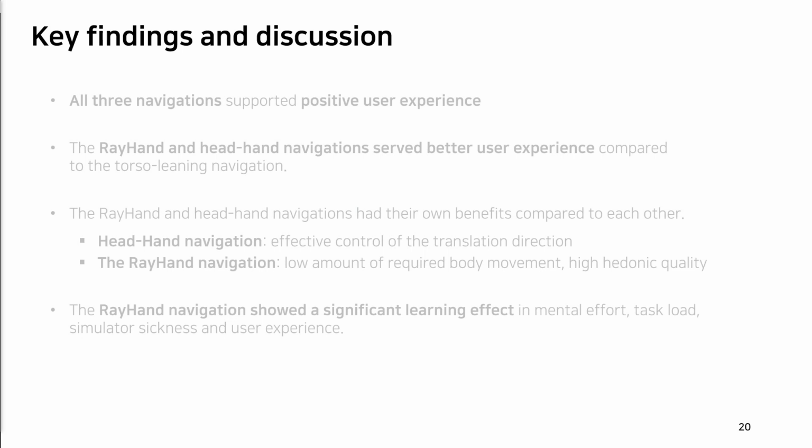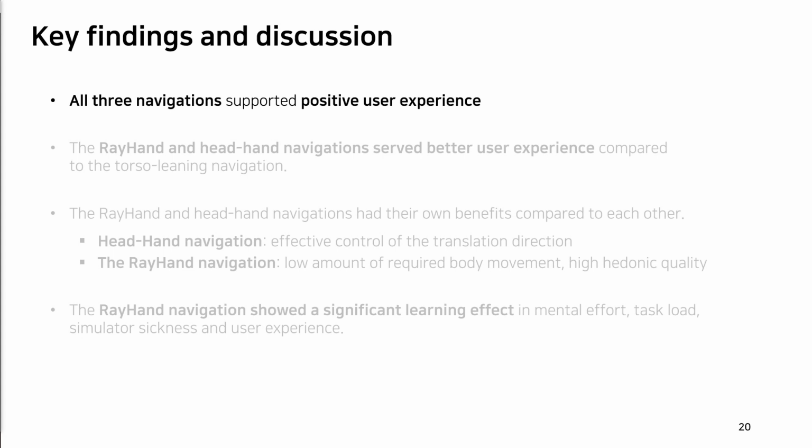Reflecting on our results and observations, we highlight several key findings. First, all 3 navigations supported positive user experience. This was verified by the OK or higher level of usability and having similar results in the completion time, speed, and incorrect horse counting.